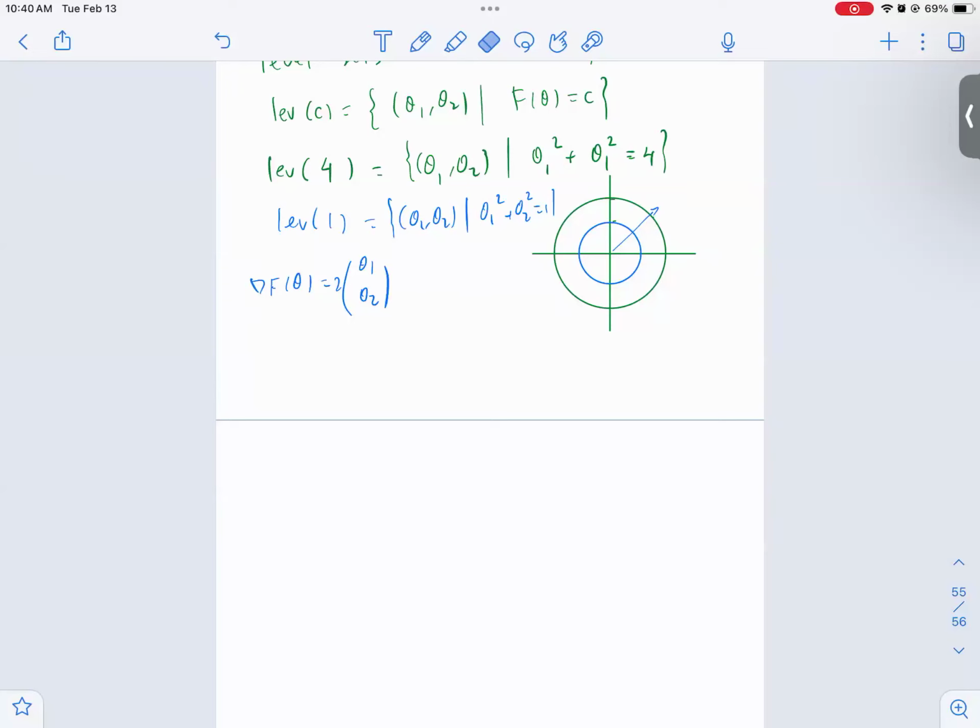If you have a direction a, the gradient of f at theta, inner product with the direction a, gives you the directional derivative of the function along a. And along a, which is tangent to the level set, it should be zero, because otherwise we would change the value of the function. But to prove it, you can try to do the argument.